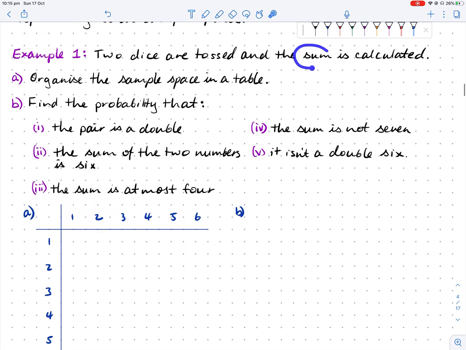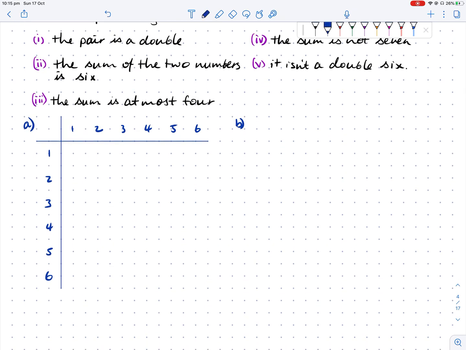Now in the question, I've said that we're calculating the sum. So we're going to add these numbers together. So our first one was a double 1, so that's going to be a 2, and then a 1 and a 2 is going to be 3, 4, 5, 6, 7. And then 3, 4, 5, 6, 7, 8, 4, 5, 6, 7, 8, 9.